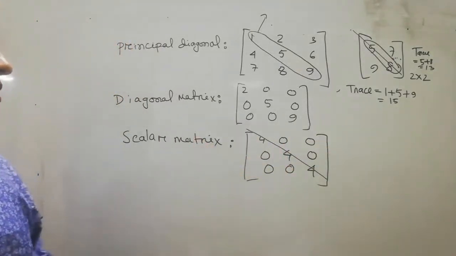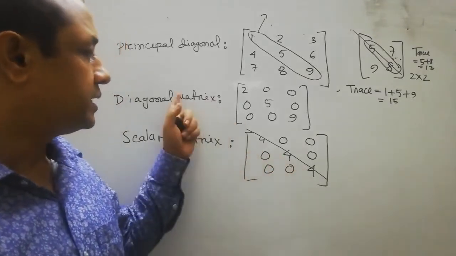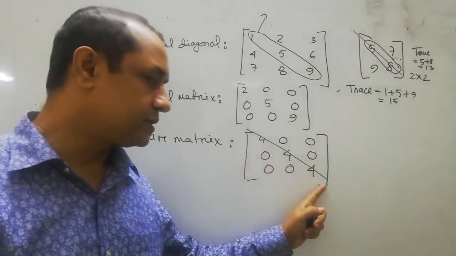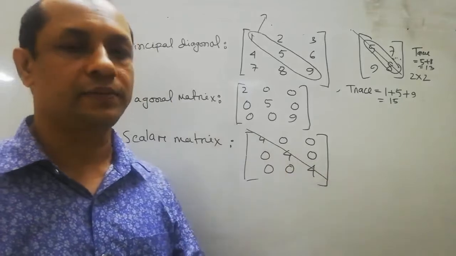So this is a scalar matrix. Students, this is a diagonal matrix and a scalar matrix.